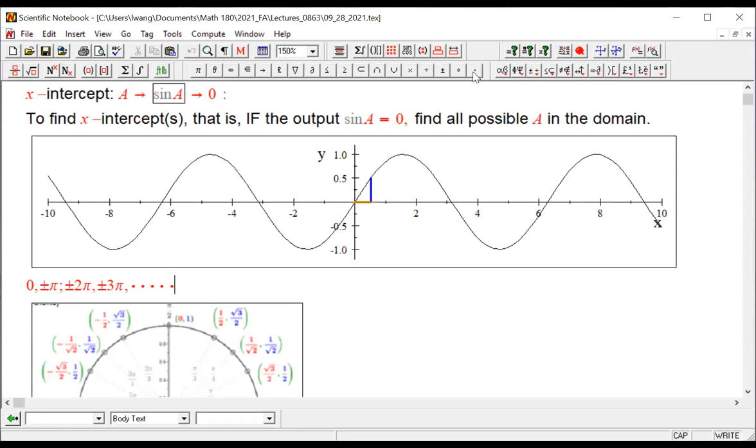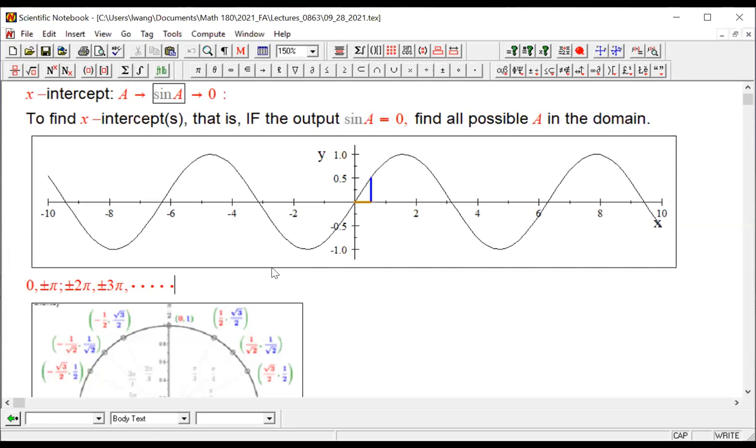Those will be the x-coordinates, the inputs for the x-intercepts, right? We should call them input intercepts. So is there an algebraic expression that will express them all?